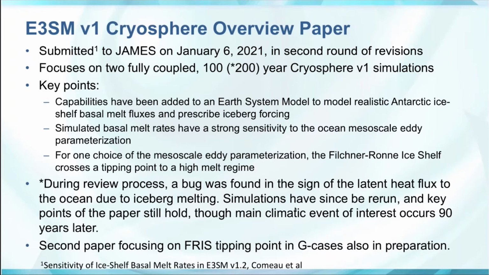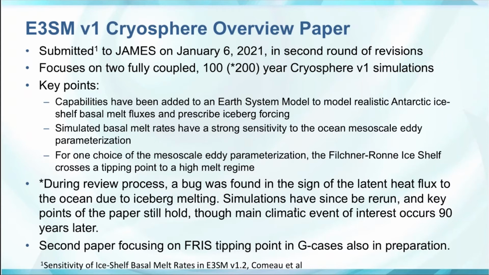So during the review process this year, as we were exploring some of these coupling terms during our early V2 simulations, we found a bug in the sign of the latent heat flux that the ocean was receiving due to iceberg melting. Essentially the ocean was slightly warming rather than cooling due to iceberg melting.